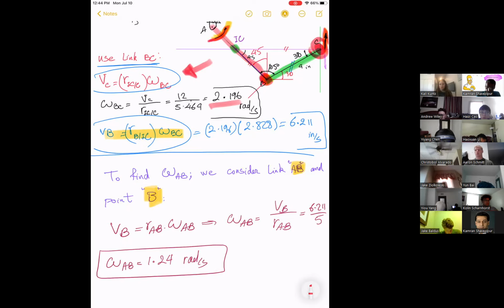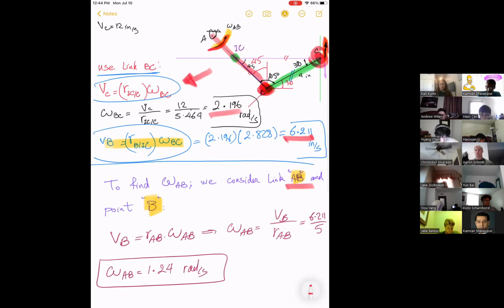So I switch to point B, find the velocity of B, and then switch to link AB. So from BC, C, then AB. That's similar with other problems. You start from one side where you have information, go to the rigid body with general motion, then switch to the other link. It's like a chain of transferring information. I hope these 3 examples gave you enough idea.